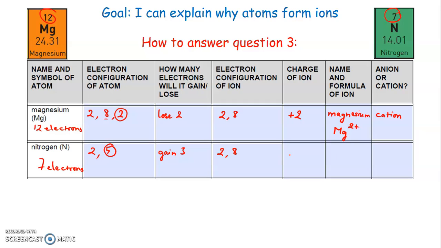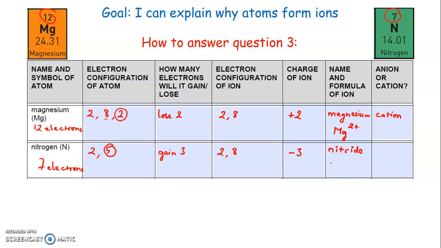Because we're gaining, this is going to become a negative ion. And because we're gaining 3, it's negative 3. Because this is a negative ion, we need to change the name. So it's going to end with I, and this becomes nitride.